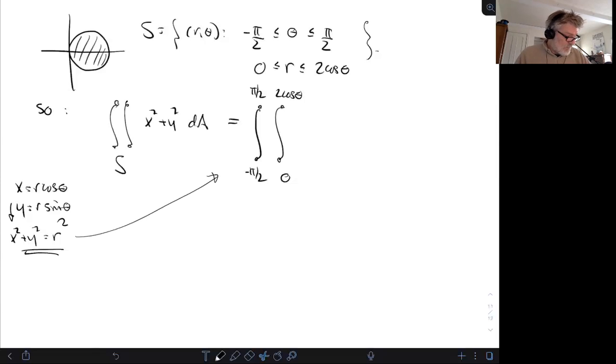Okay, so this is r squared when I substitute x and y. You can do it full length if you prefer, right? Okay. Don't forget, you need to multiply the whole thing by r. Do not forget that.